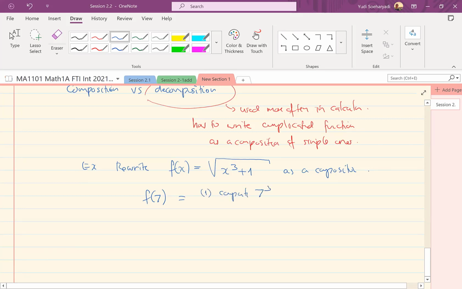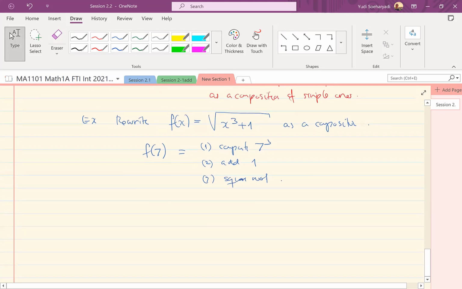Compute 7 cubed. Add 1. Square root. So this is how you proceed. Then you can decide, all right, so compute this one. The first one is compute the cube.